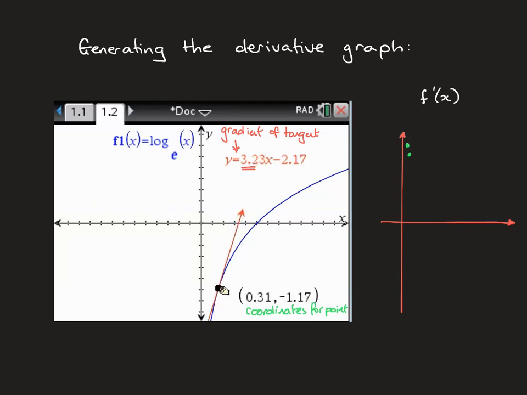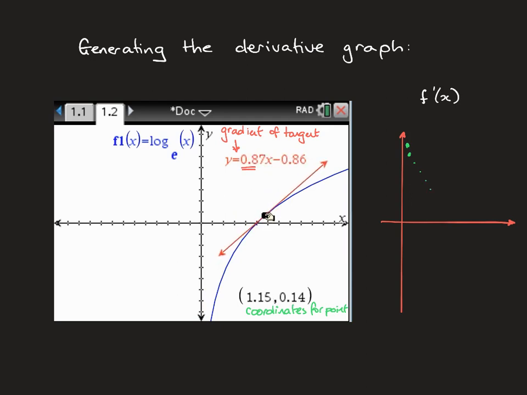You can see that as the x value increases, the gradient is decreasing, decreasing, decreasing. And so our graph, as we generate our gradient graph, is doing this.